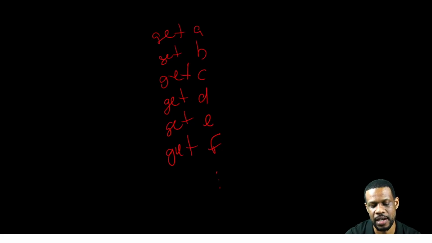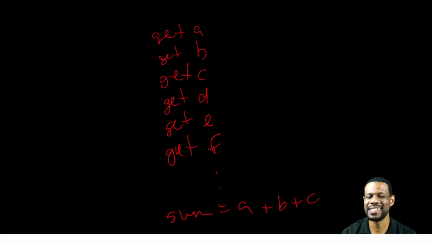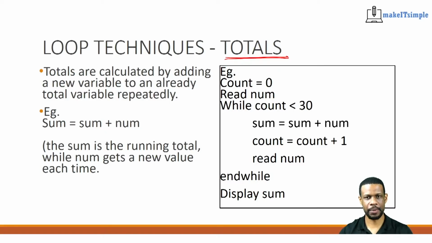And then sum is equal to A plus B plus C plus and so on, but that's not very practical, right? That's the whole point of learning loops. Loops give you the ability to repeat those monotonous things, which is why we have computers in the first place. And now we can take that repetition and apply it to something.